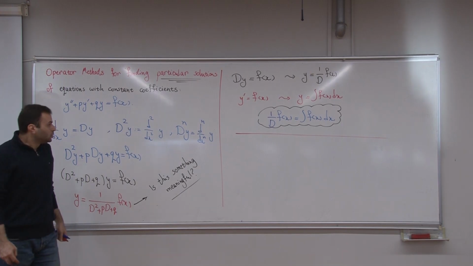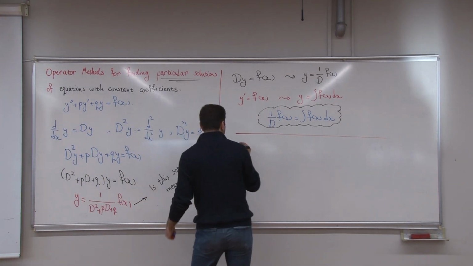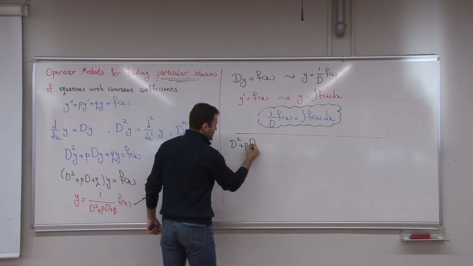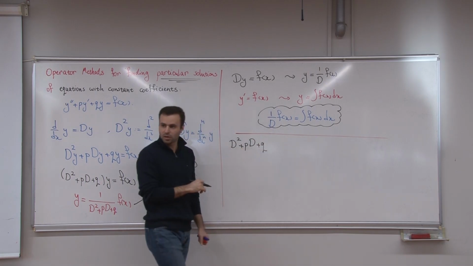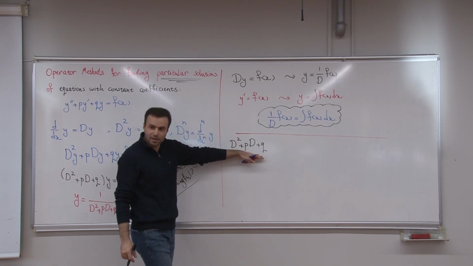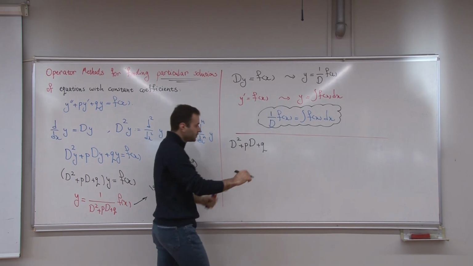Because you see what I'm trying to do? I'm just trying to do this. If I have this d2 plus pd plus q, okay, this is an operator, right? The operator itself, because since I haven't yet plugged any function in it, this is just the operator itself.